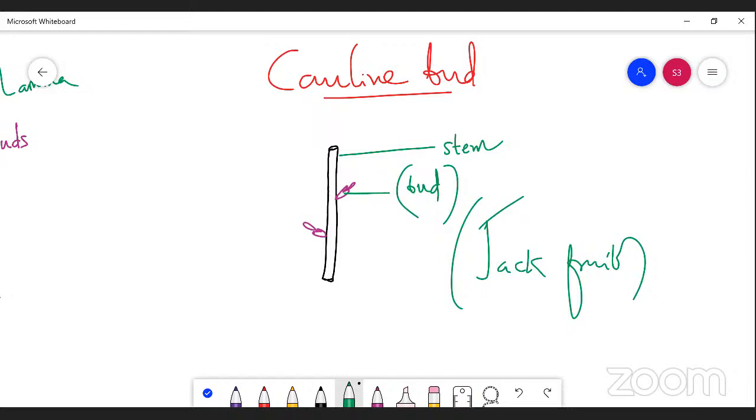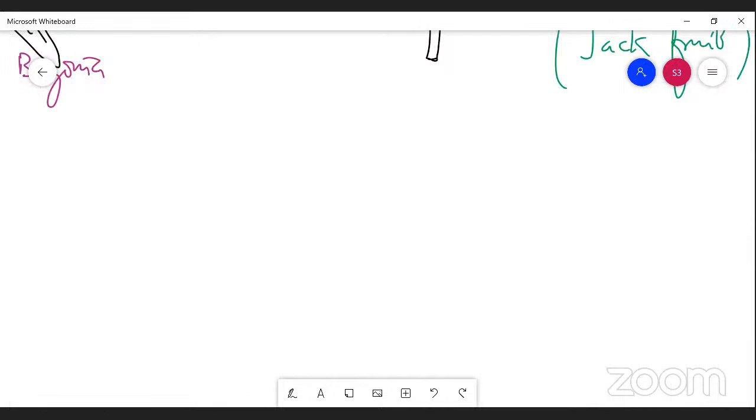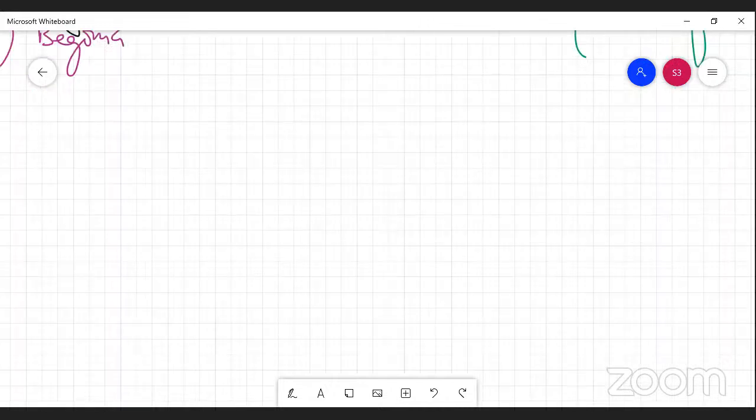But instead, it's a very special type of bud because it arises directly from the stem portion or shoot system. This is called a cauline bud, identified in the case of jackfruit. So this is simply something about types of buds. And one more category is bulbils. I'm talking about the next category, bulbil buds.